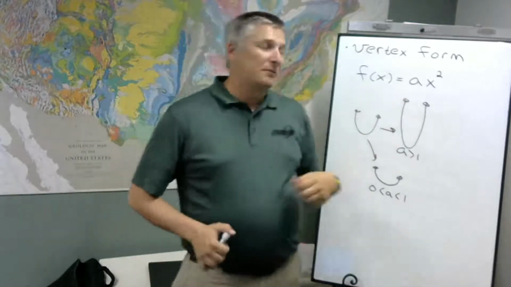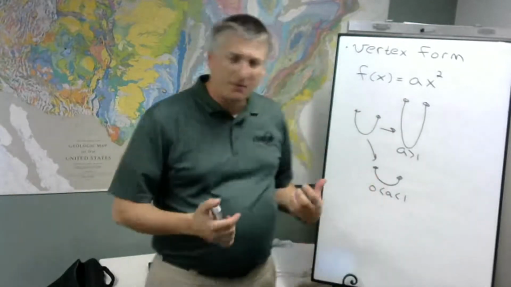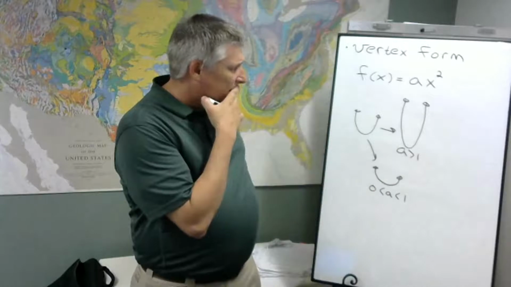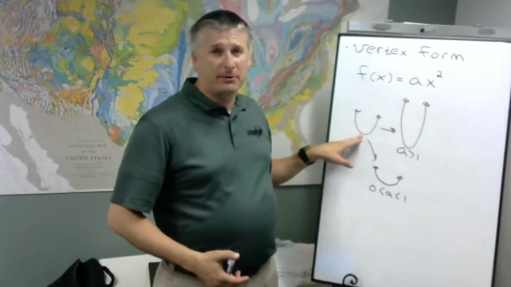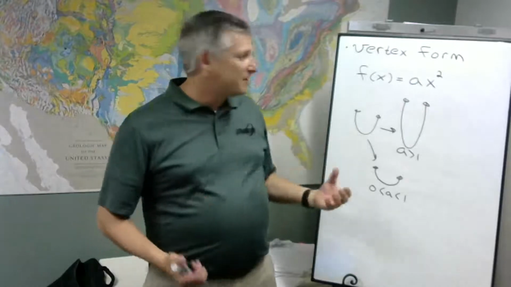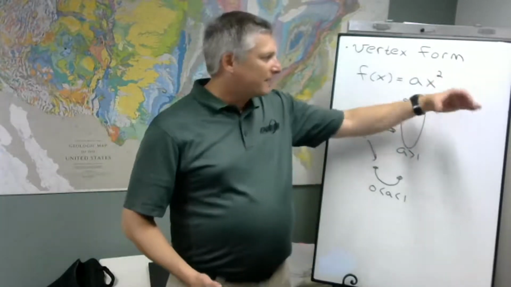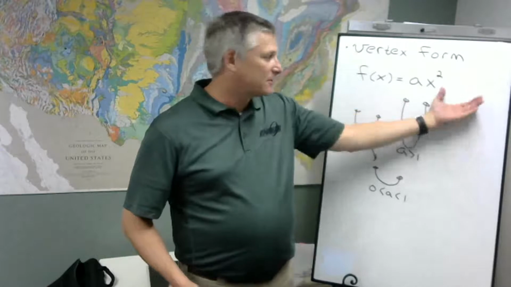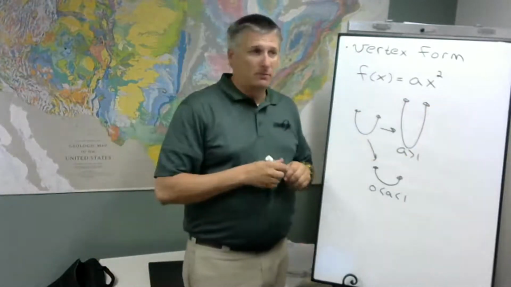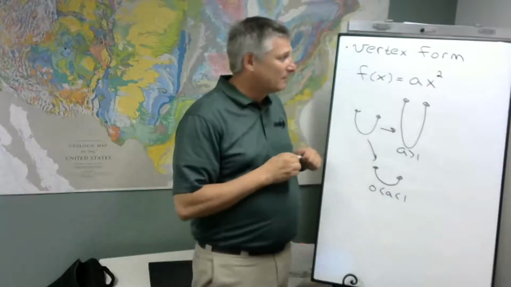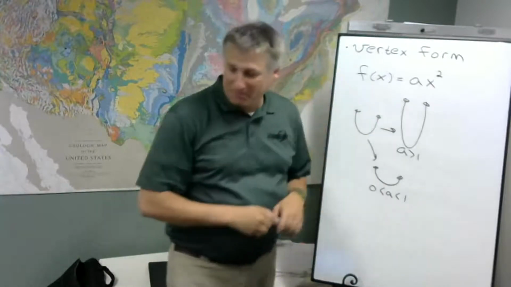So we're just putting this constant here. Another thing with this a, remember, if a is positive, we get an upward facing parabola. But if a is negative, we reflect this over the x-axis and it flips. Anyway, just a little review of what we looked at with transformations. So we're going to start out with this though.